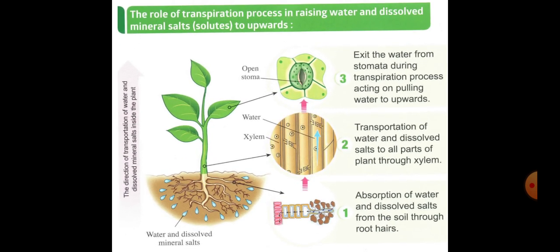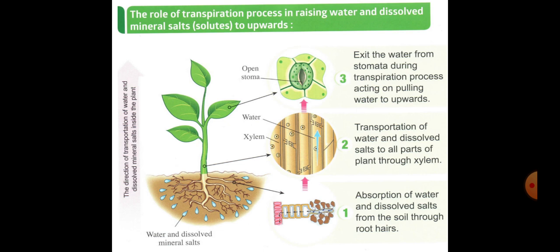Let's talk about the role of the transpiration process in raising the water and dissolved mineral salts upwards. Of course, you know that the direction of transportation of the water and the mineral salts inside the plant is upward, from the soil up to the stem. Number one, absorption of the water and dissolved salts from the soil through the root hairs.